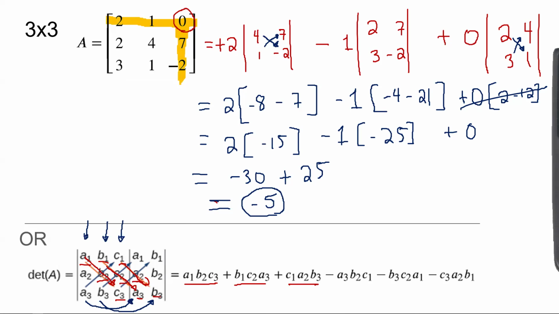If I wanted to, let's just get started. I don't know that we need to do the whole stinking thing here. But if I wanted to do this with the one up here, I would need to take that first column and put it, and the second column would be 141. And that's all I really have to do. So here in red, I'm going to take 2 times 4 times negative 2.